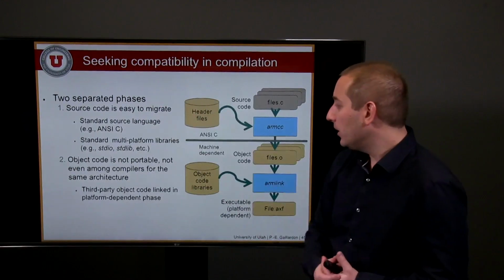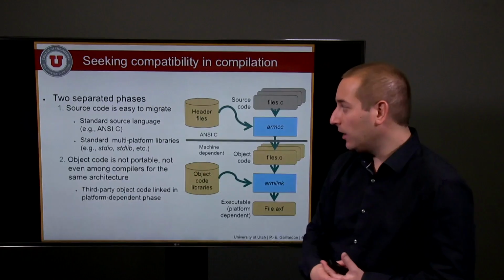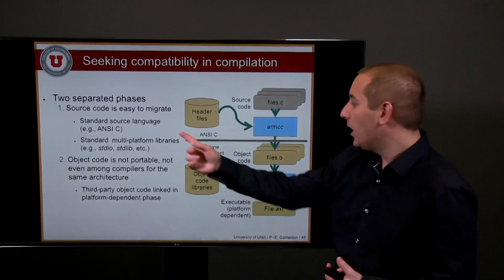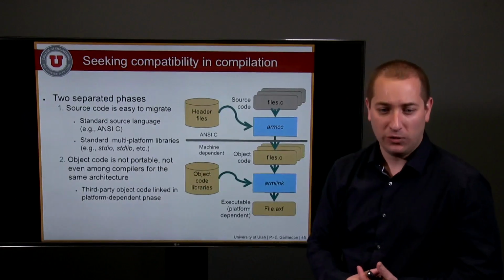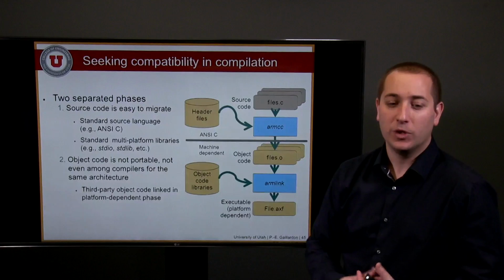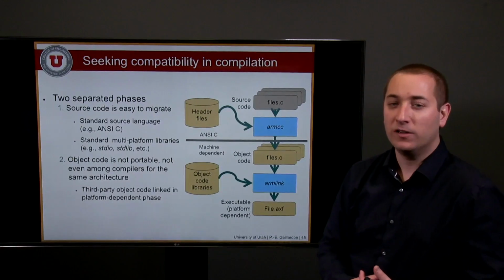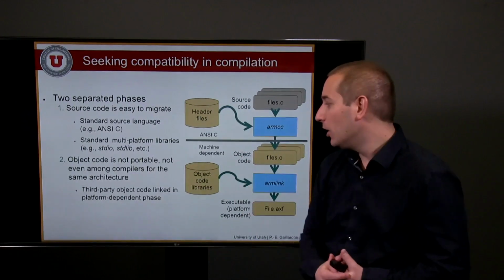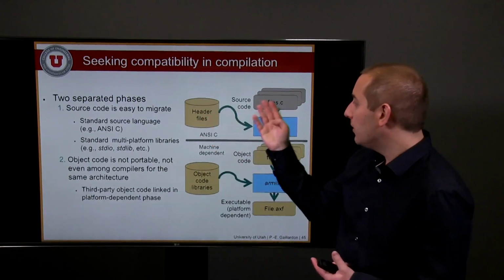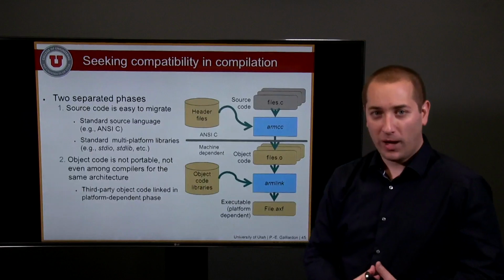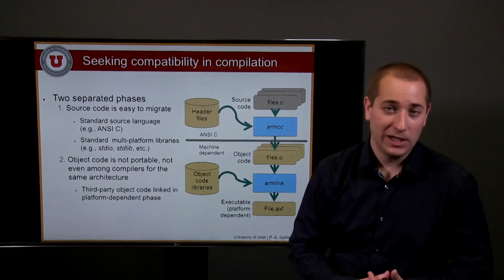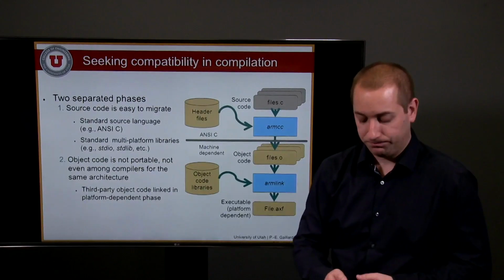The first part is fairly machine independent because we simply compile some source language C code and use some multi-platform libraries. The second part, of course, will not be portable, not even among compilers for the same architecture, because it all depends on your machine. The beauty of this flow, though, is that most of the time, C code you write for a given ARM core architecture can be easily translated to another ARM core architecture.